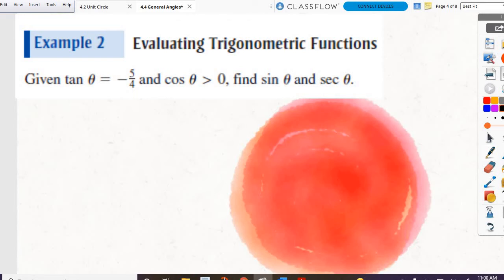No. But what can we find from our tangent? What is tangent? Negative 5/4, but in general, what is tangent? Opposite over adjacent, which for us was y over x, right? So we know what our x and our y are, so we can still draw our pretty triangle. Agreed? Yes?